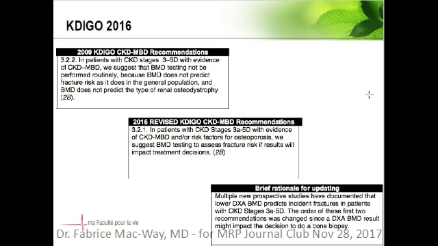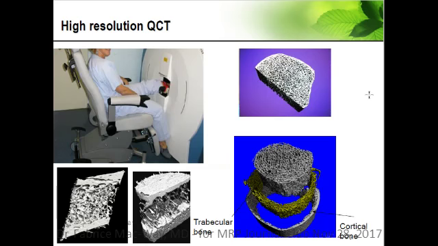I'm talking to you about this machine. This machine is what we call a high resolution QCT. It's available in some centers, and it has the particularity of assessing both what we call the trabecular compartment and the cortical compartment. The bone is always composed of two compartments: the cortical compartment outside the bone, and inside the bone, the trabecular compartment.